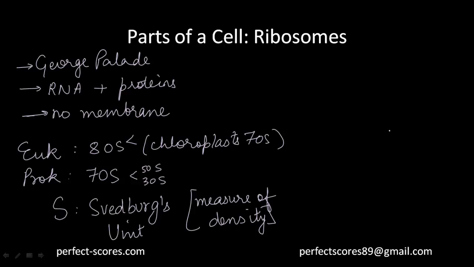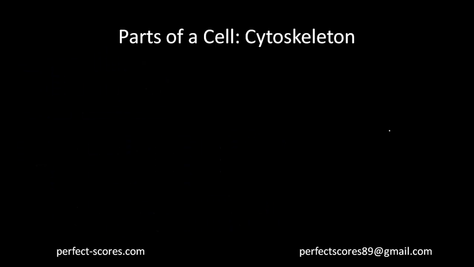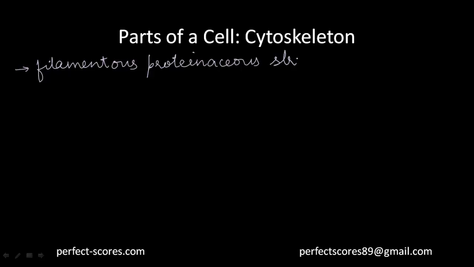The next important cell organelle that we need to discuss is the cytoskeleton. And within the cytoskeleton, lots of things are there. Lots of filamentous proteinaceous structures are present. So filamentous and proteinaceous structures that form the cytoskeleton that is there in the cytoplasm to give its structure and support.